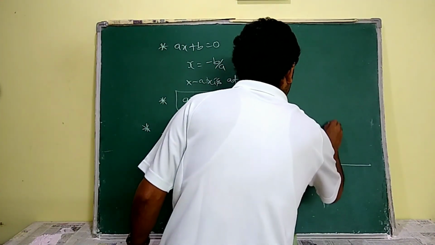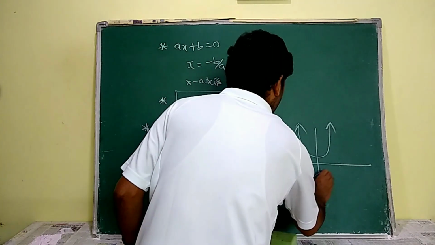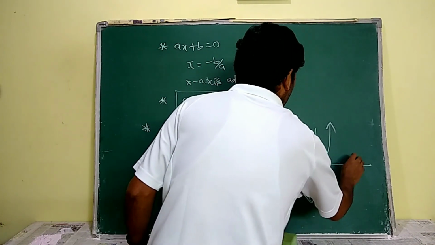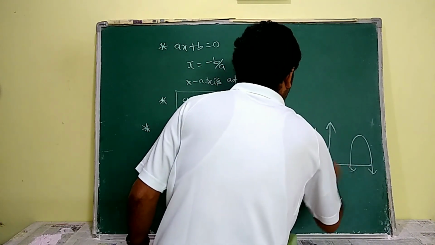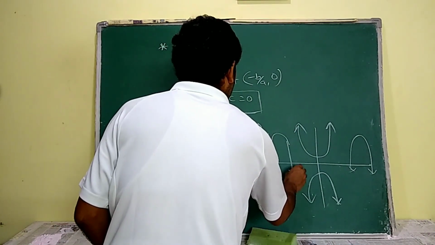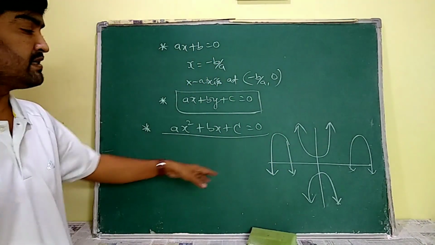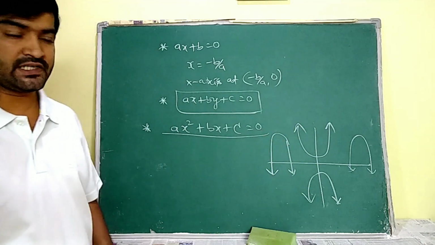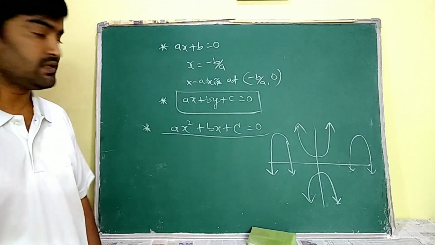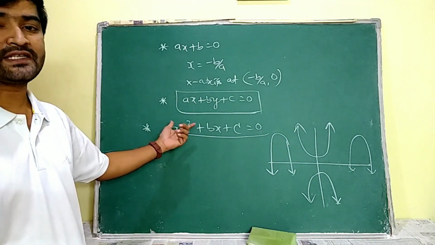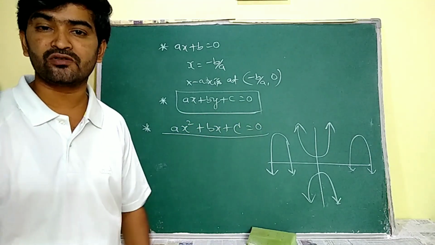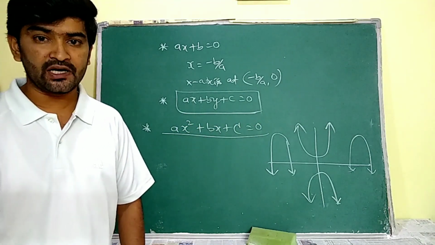The U shape may be upwards or downwards. Any way we draw the graph of the quadratic polynomial, we get this type of graphical representation. These are known as parabolas. So a quadratic equation ax square plus bx plus c is equal to 0 always represents a parabola.